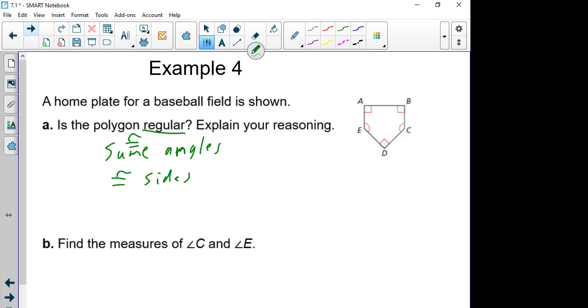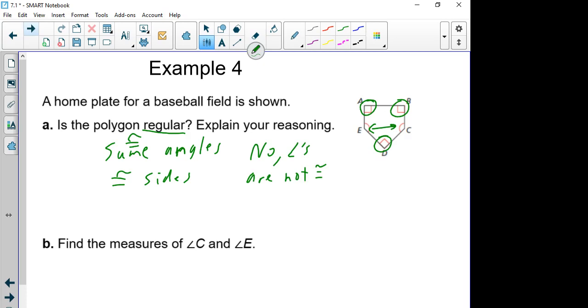Congruent angles and congruent sides. Well, we don't know anything about the sides on this one. It's not marked. We can't assume. But look what we have here. We have 90, 90, 90. And these two right here are marked with single arc marks, which means they are not 90. We don't know the exact degree measurement, but they're not 90. So the answer is no, because the angles are not congruent.